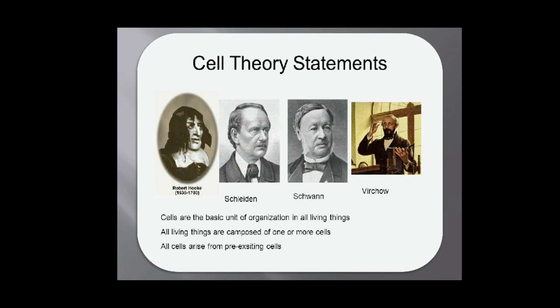Later, this cell theory was formulated and developed by Rudolf Virchow, and he stated that all living things are composed of one or more cells and new cells arise from the division of pre-existing cells. These are the statements given by Rudolf Virchow in the cell theory.